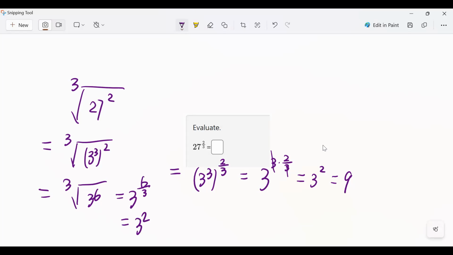So 3 to the second is 9. I think this is slightly quicker, but again, I just want to keep both options open so you can use either method you like. Okay, so the answer is 9.